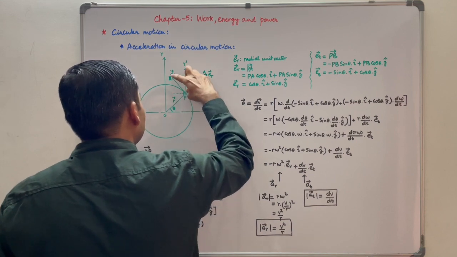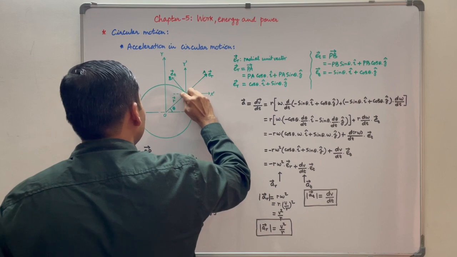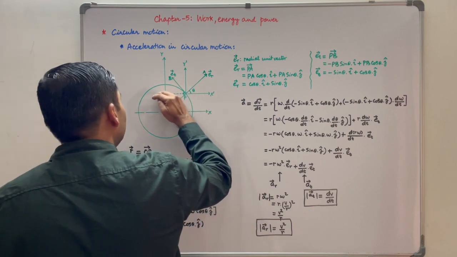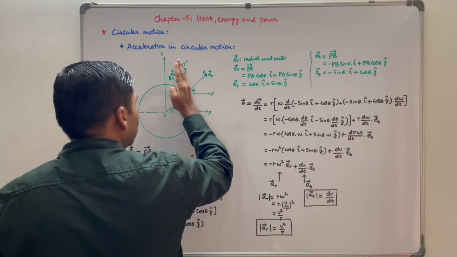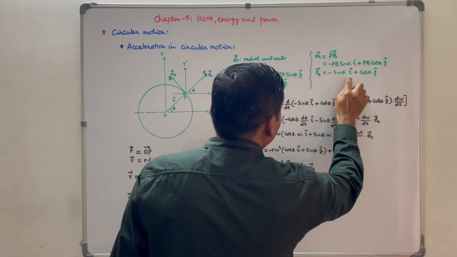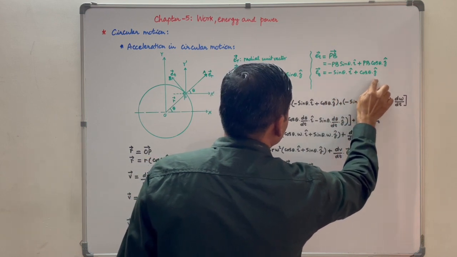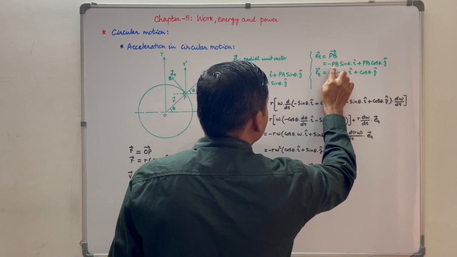So we can write vector PB as PB cos 90 minus theta into minus i plus PB sin 90 minus theta into j. Magnitude of PB is 1 as it is a unit vector. So vector et is equal to minus sin theta i plus cos theta j.